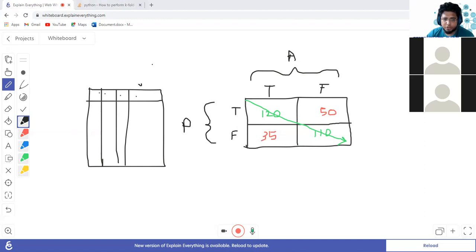The first one is true positives. The second one is true negatives. The third one is false negatives, and the fourth one is false positives.